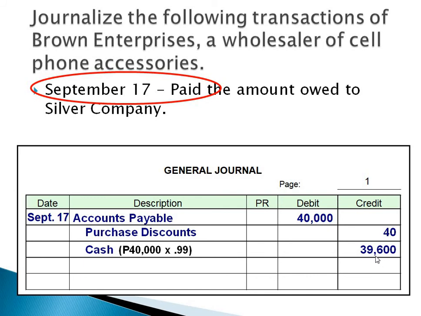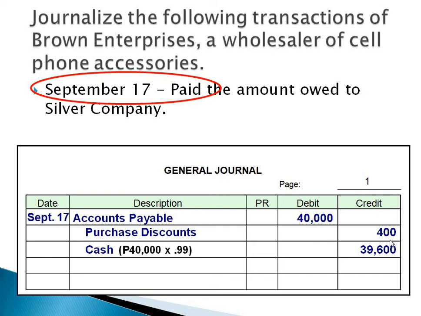And then if you add 39,600 to the wrong figure of 40 here, you will realize that your total credit is not equal to your total debit of 40,000. That will then prompt you to double check your figures and may cause you to notice that the 40 here is wrong and eventually enable you to correct it by maybe saying, oh, 1% of 40,000 is not 40 but 400.